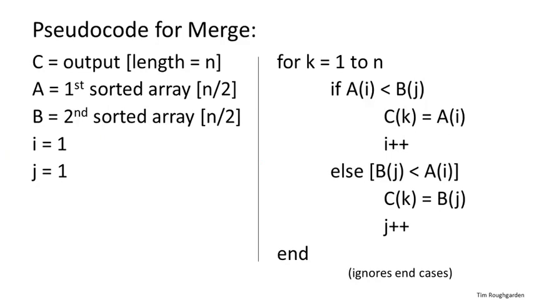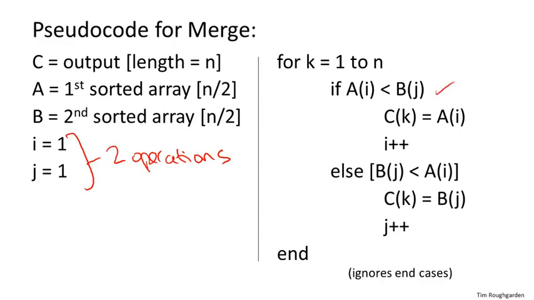So there's the initialization step. Let's say that I'm going to charge us one operation for each of these two initializations. So let's call this two operations to set i equal 1 and j equal 1. Then we have this for loop. So clearly the for loop executes a total of n times. In each of these n iterations of the for loop, how many instructions get executed? Well, we have one here. We have a comparison.